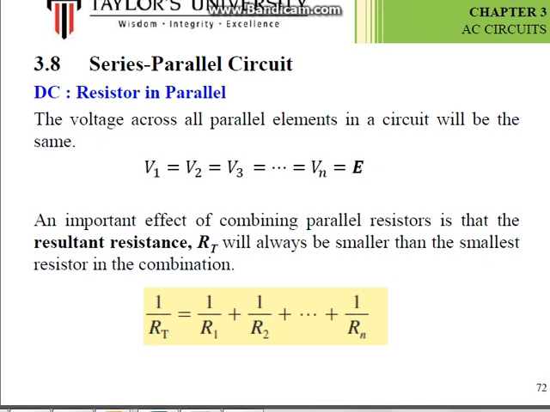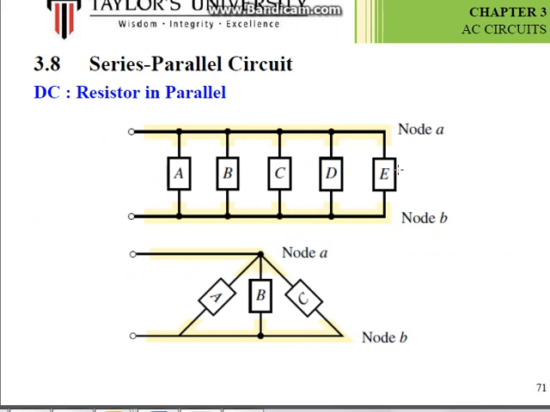And how do you get the parallel? Basically, 1 over RT will be equivalent to 1 over R1 plus 1 over R2 plus 1 over and so on. In this case over here, it will be 1 over RA plus 1 over RB plus 1 over RC plus 1 over RD plus 1 over RE. That would be the 1 over RT.